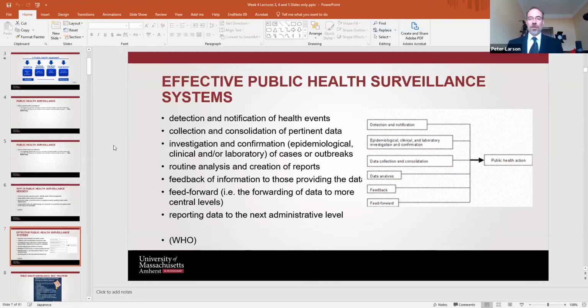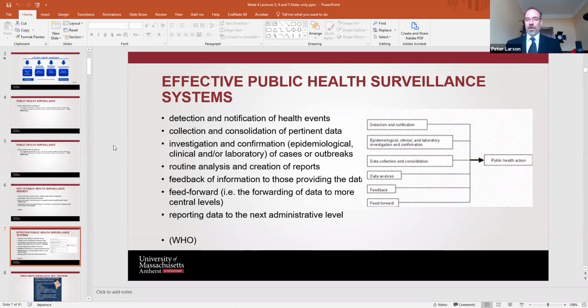We're depending on communities to inform us of different public health events, so we want to make sure that data goes back to them and helps them as well. And also feeding forward, so it's feedback and feeding forward. Feeding forward is forwarding the data to more central levels, like the state health department or the CDC, or the WHO.